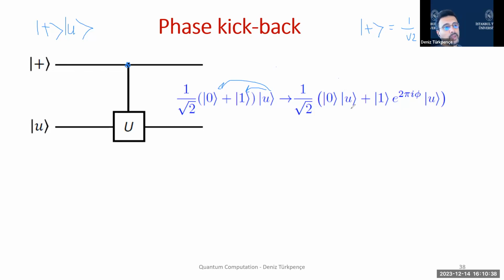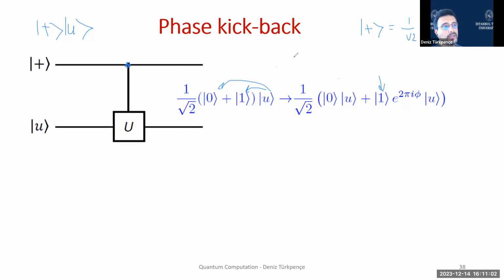So in this distributed summation, in this part, the first qubit state is 0. Therefore, I apply nothing to this U. But in this part, the first qubit is in state 1. Therefore, I apply U to the second qubit.